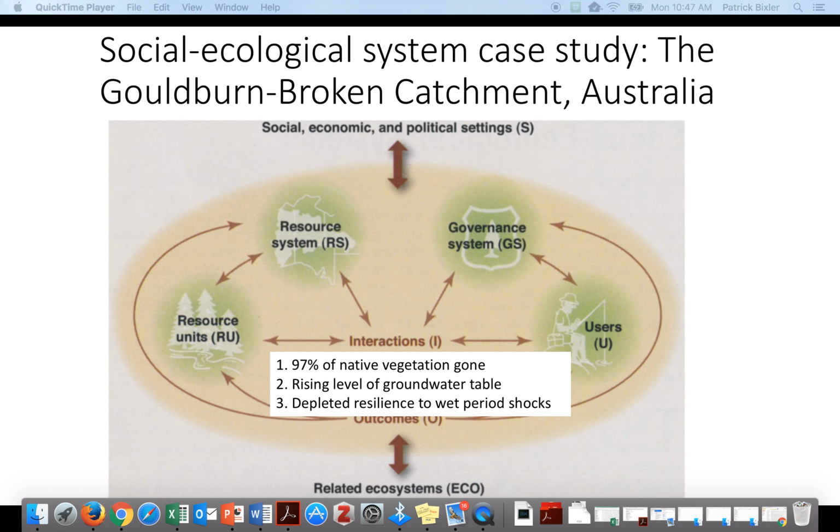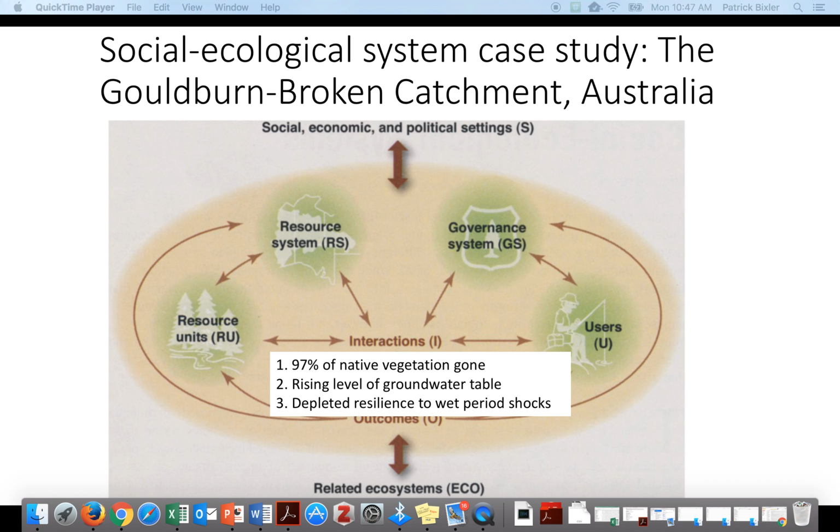Now, back to how that led to a change in the governance system. In 1986, the Murray-Darling Basin Commission was created, which was a state-federal partnership with authority over land management and the water resource.